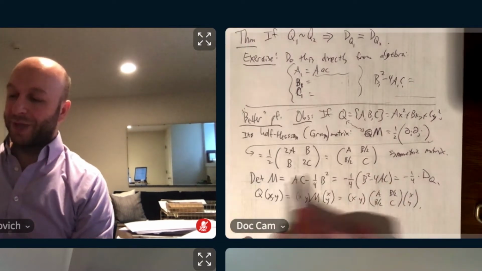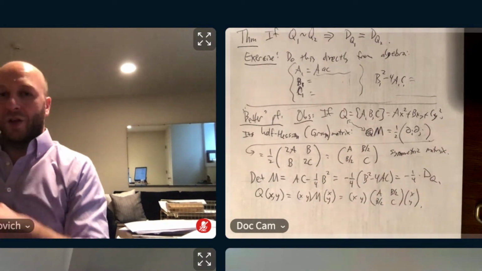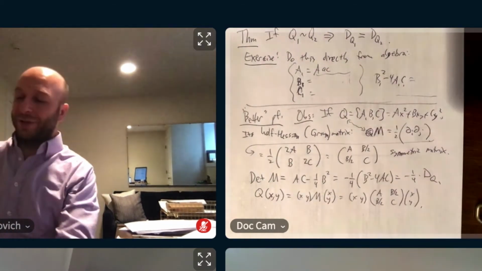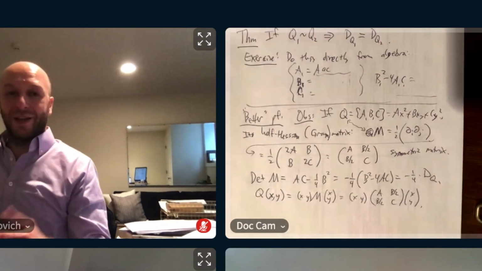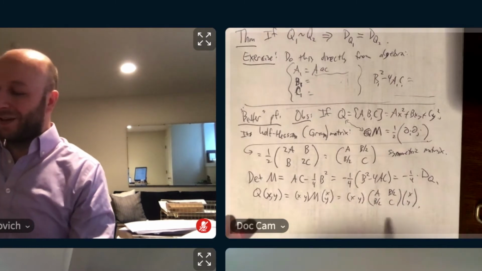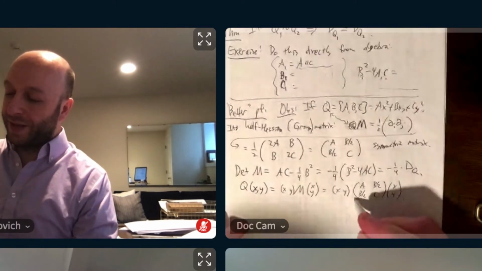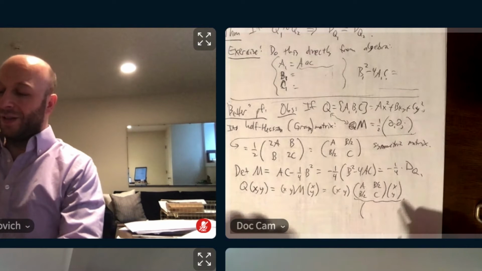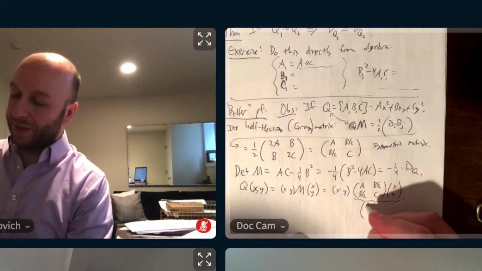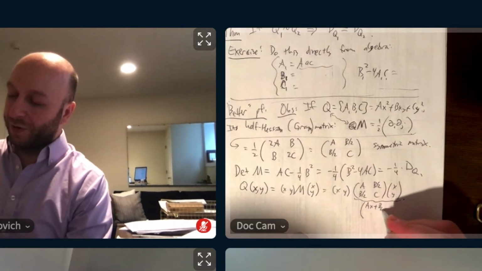M is also sometimes called the quadratic product, because you don't have to put the same xy here. It becomes an inner product. Anyway, never mind that. So what does this come out to? Ax plus b over 2y on top.